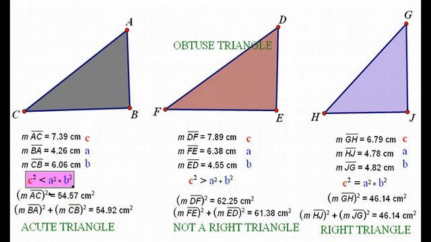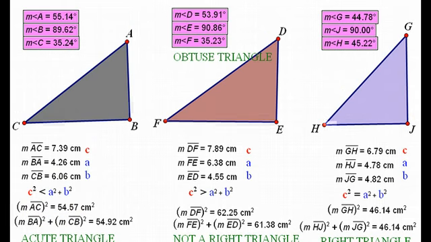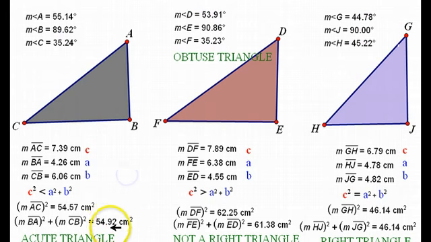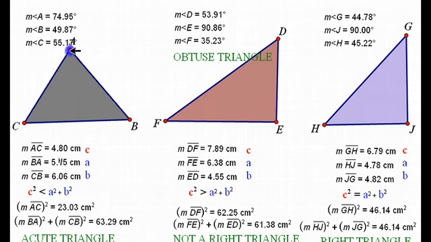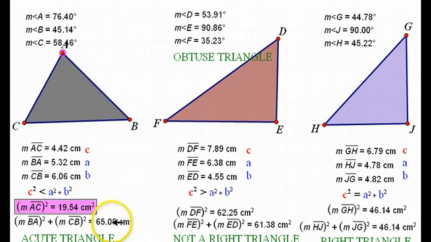So let's show the angle measurements. And I want you to take a look here to see, do we always have this situation that C squared is smaller than A squared plus B squared for an acute triangle? So as I change the angle measurements so that I have an acute triangle, is C squared going to be less than A squared plus B squared?